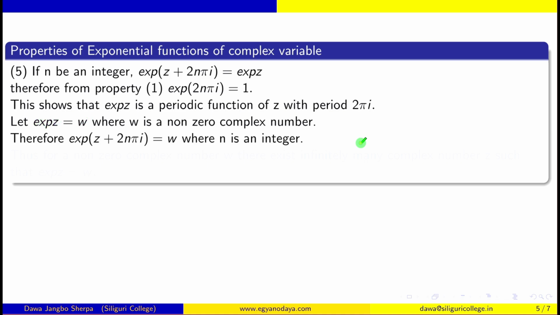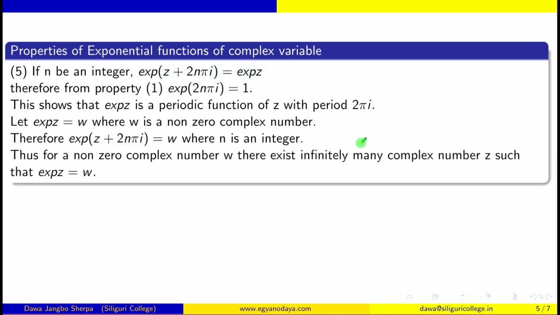Then exp(z + 2nπi) is equal to w because of this property. Thus, for a non-zero complex number w, there exist infinitely many complex numbers z, as n runs over the integers, such that exp z is equal to w.